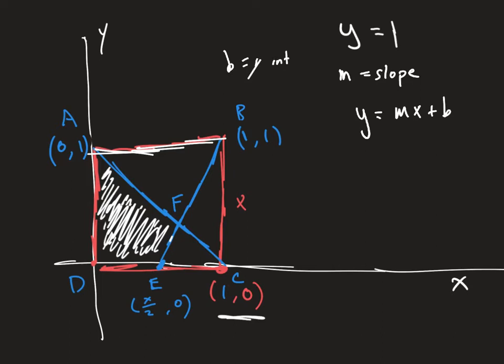I'll explain this a little bit more in a bit. So first, let's get back to slope. Slope, like I just said, is the angle. For AB, the slope was 0. The reason is, if we had m times x, well, m is 0, so that's why we had no x.